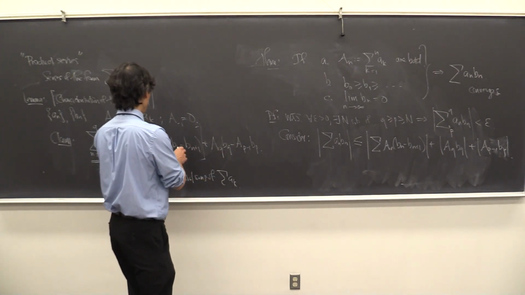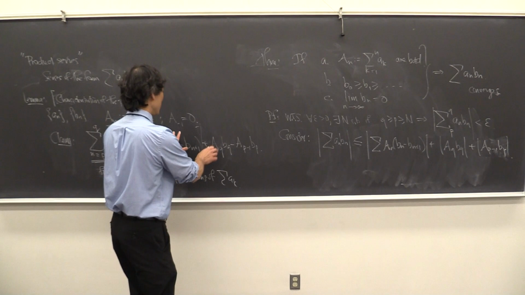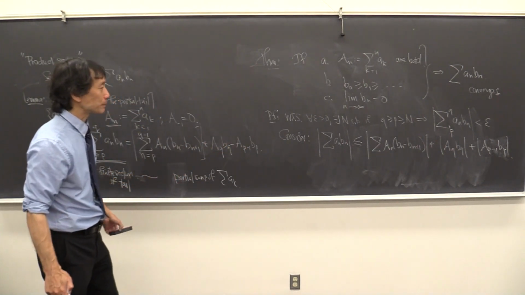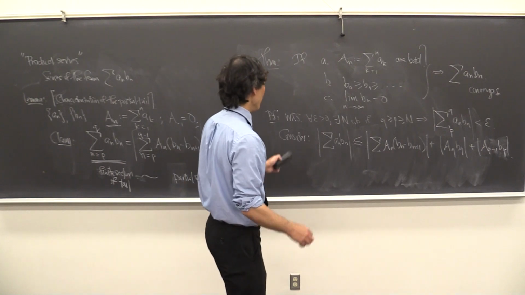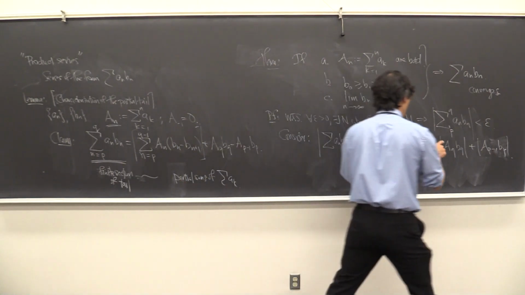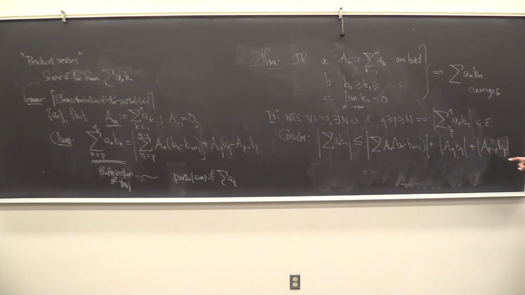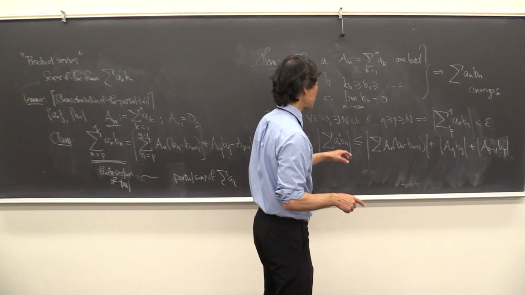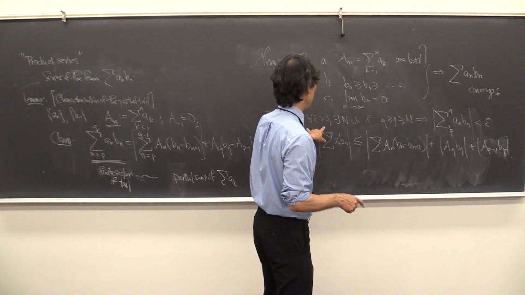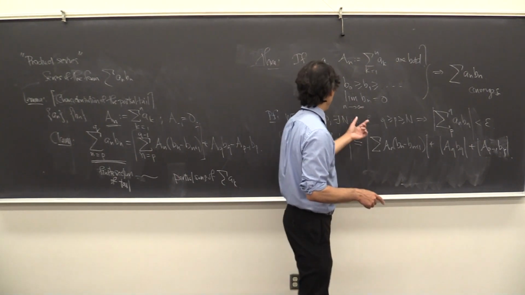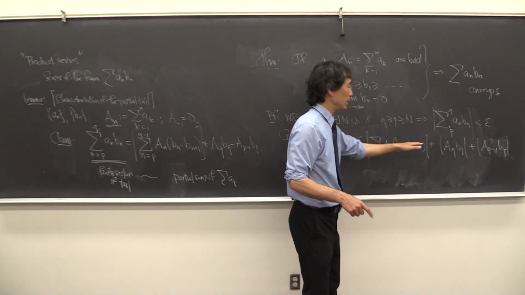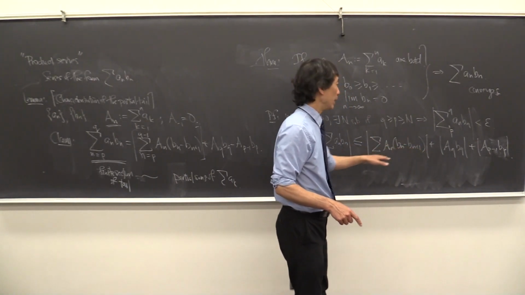So it was this guy plus this, and this guy minus that. So we're trying to make this thing smaller than epsilon, right? We want to find an n past which this whole thing is smaller than epsilon.